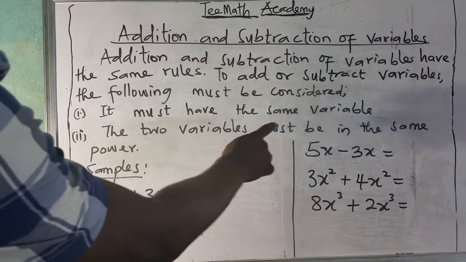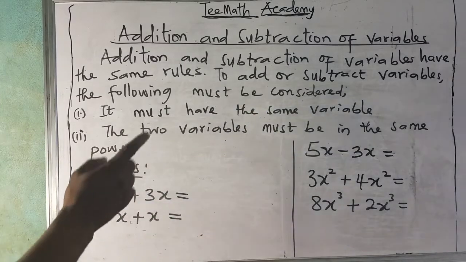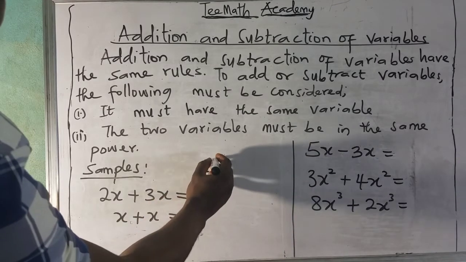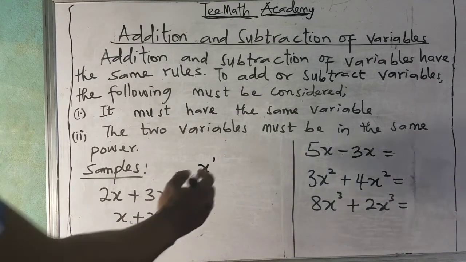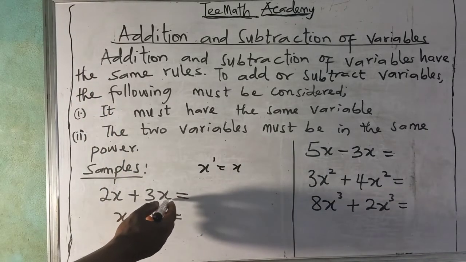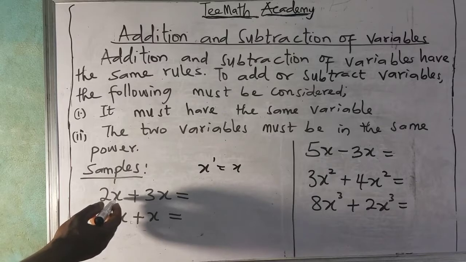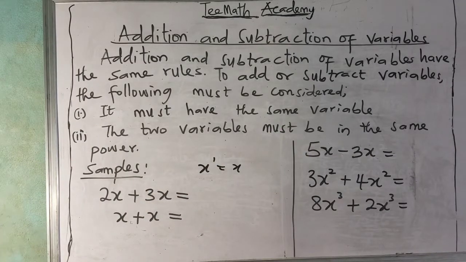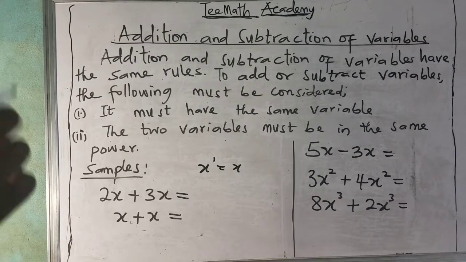Number 1, it must have the same variable. It does not stop there. What is the power? This one is power 1. I can write x raised to power 1. It also means x. So 3x is power 1, 2x is in power 1. Therefore, I can add.